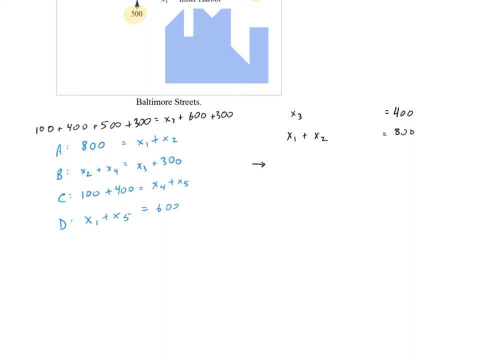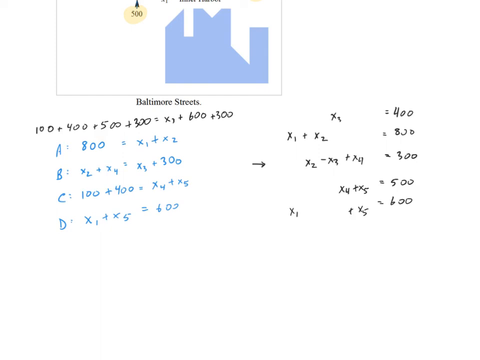I don't like where my x3 is lining up, so I'm going to change that. Put it right there. That's better. All right. The B equation, x2 minus x3 plus x4 is equal to 300. C equation, that's going to be x4 and x5 is equal to 500, and then x1 plus x5 is equal to 600.